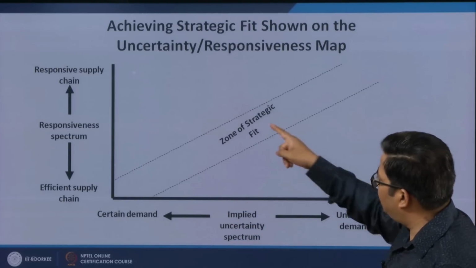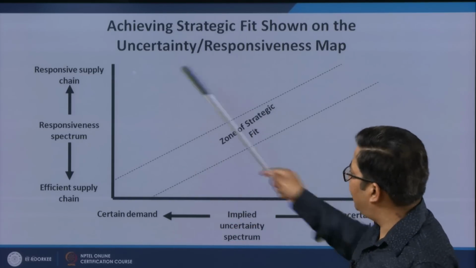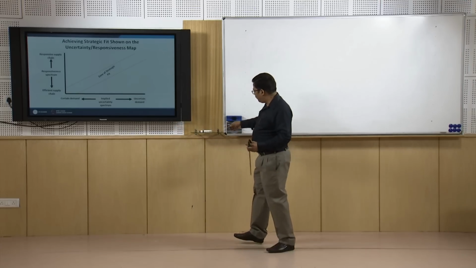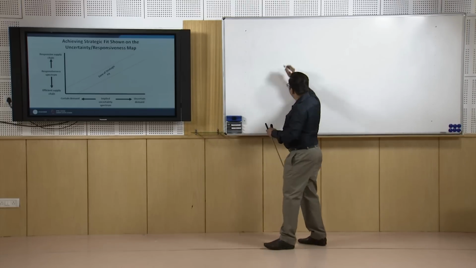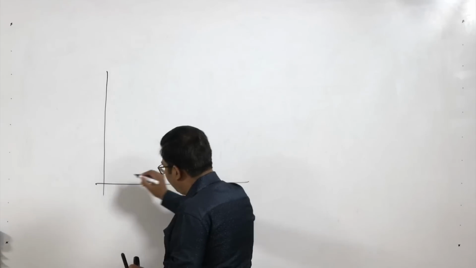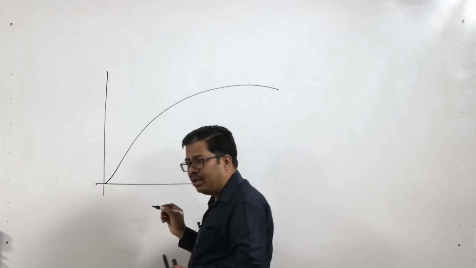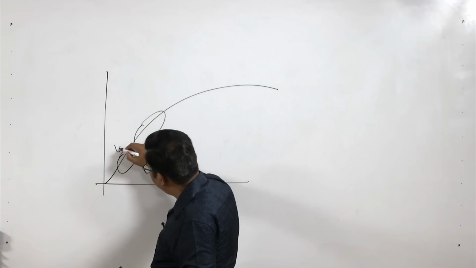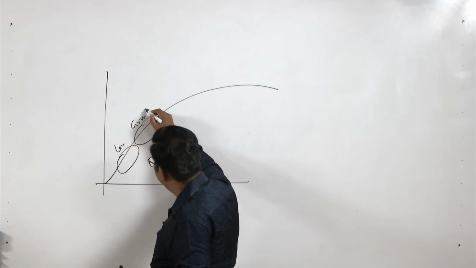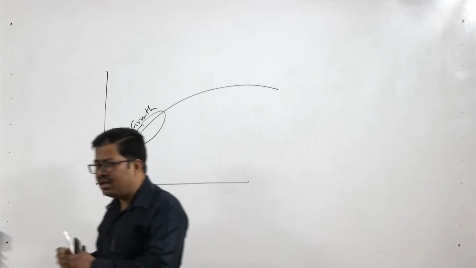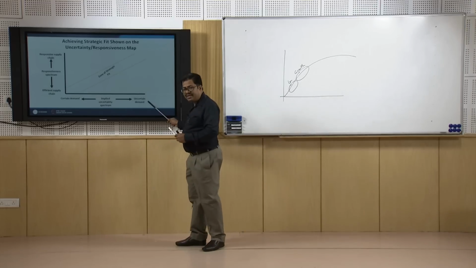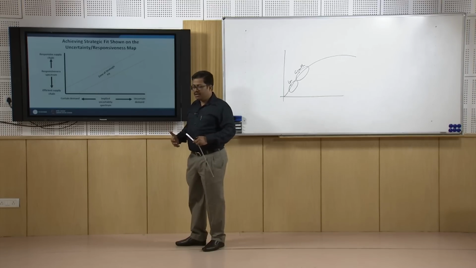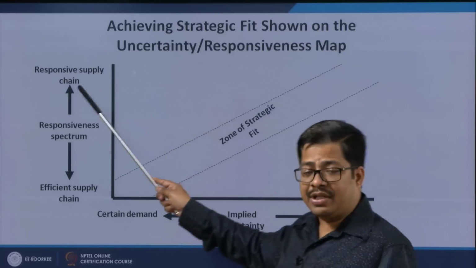Otherwise, if you have a particular level of capabilities in your supply chain, and let us say you have developed a new kind of automobile, and initially during its launch and growth stage, you are toward this uncertainty side, and therefore, in the beginning of the product life cycle, you require a more responsive supply chain.